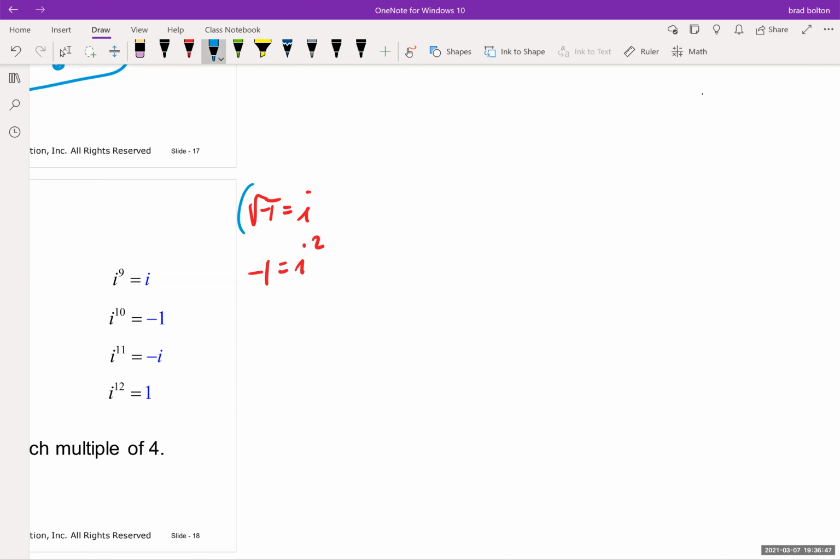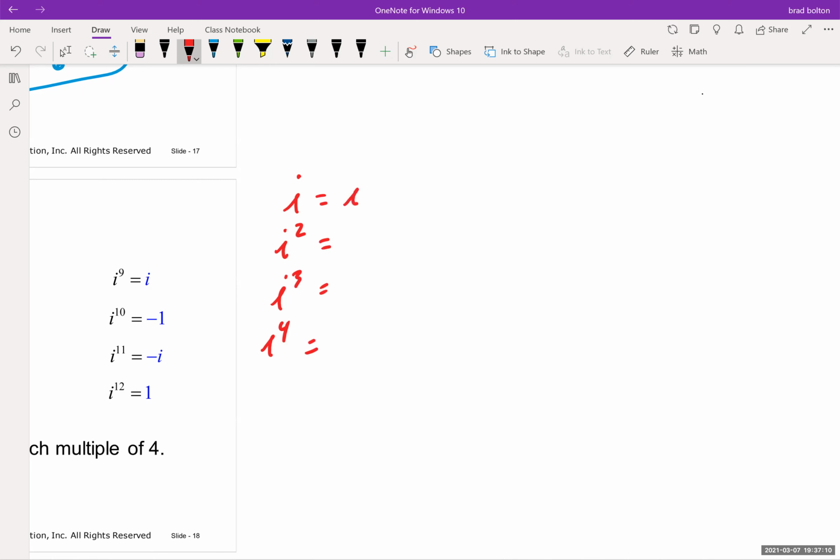Because I could square both sides. Okay, now we do this again, and let me see what's an easier way to do this. Let's say i squared, i cubed, i to the 4th.